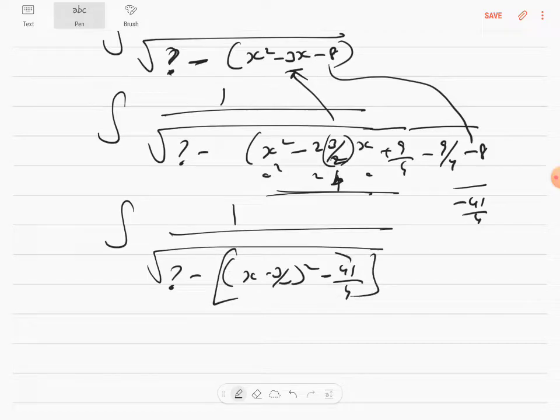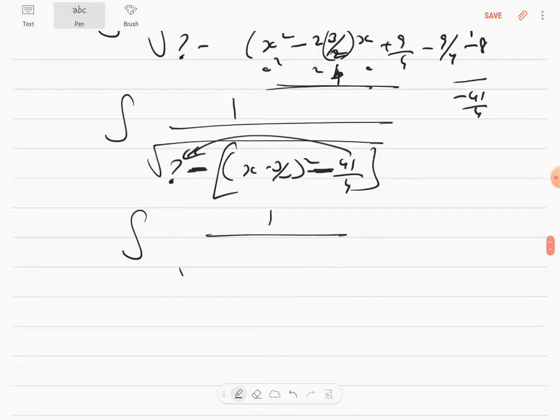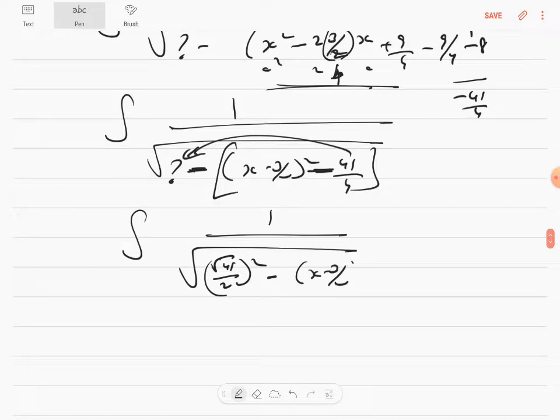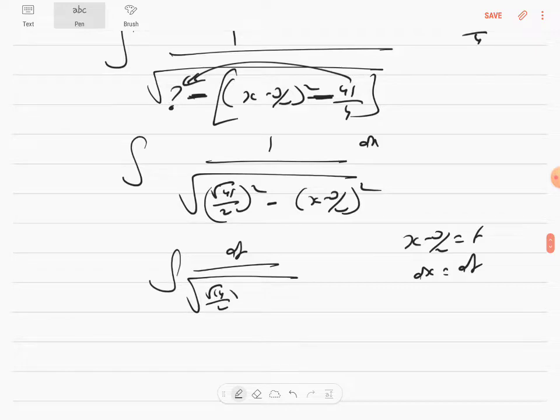So you can bring this that side as plus 41 by 4, because minus of minus will become plus. So 1 by root of, you can write it as root 41 by 2 the whole square, because we need it in a square format, minus x minus 3 by 2 the whole square. Now if you assume x minus 3 by 2 as t, dx becomes equal to dt. So you can write this as dt by root of root 41 by 2 the whole square minus t square.